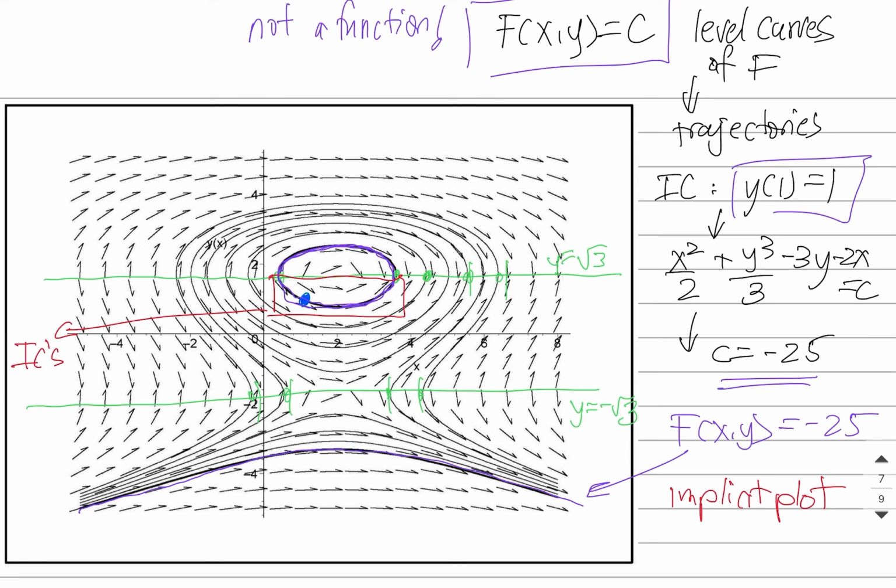Once you get a picture of what's going on, you can see, okay, the slope field is doing this, the solution trajectories are going to live in 3 separate regions, bounded by those lines, and in each one of those regions I will have some sort of trajectory determined by that level curve. So what's much more important is the behavior rather than the solution. Now you can get a lot of mileage out of this separable technique, and we are going to try to exploit this as best we can as it relates to linear systems.